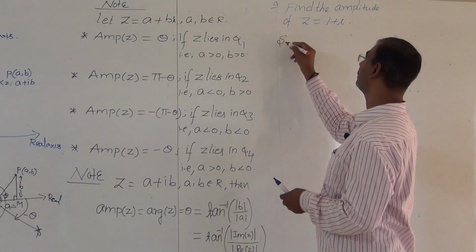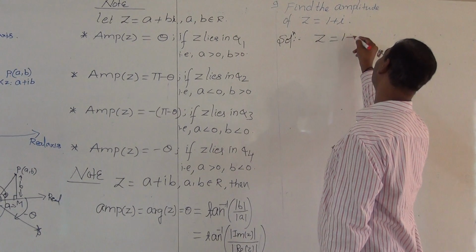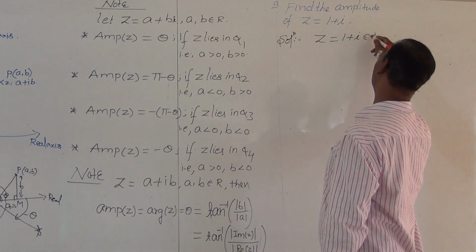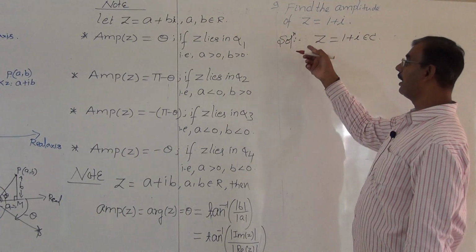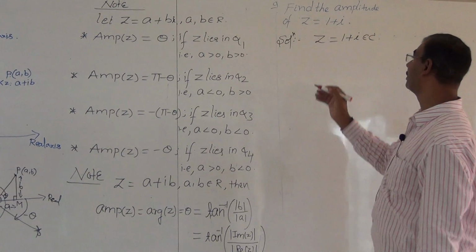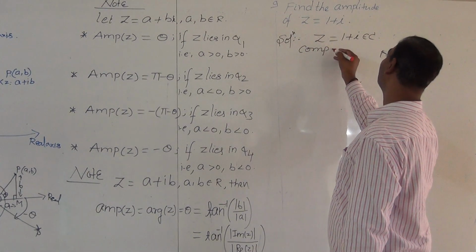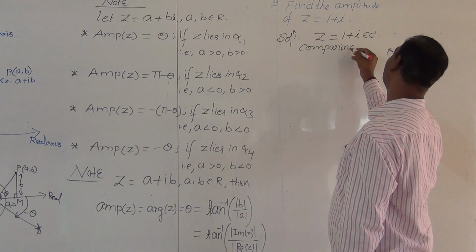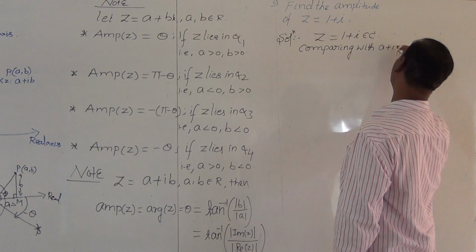So that is z is equal to 1 plus iota, it is a complex number. We have to find in which quadrant the point lies, that is important here. So take a, always comparing with a plus iota into b.